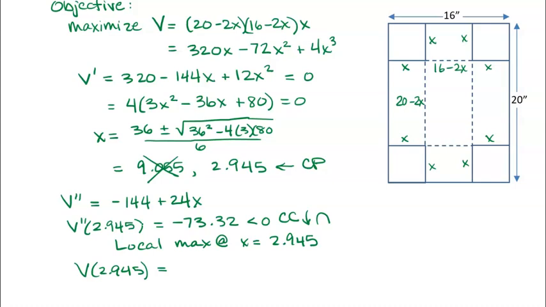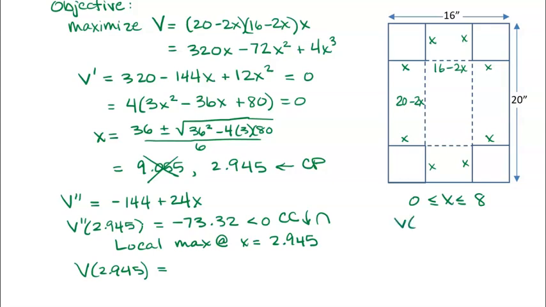I can't cut more than 8 inches from the corners, otherwise I don't have a box left. And if I don't cut anything out, there's nothing to fold up. So my endpoints are essentially x has to be between 0 and 8, realistically.